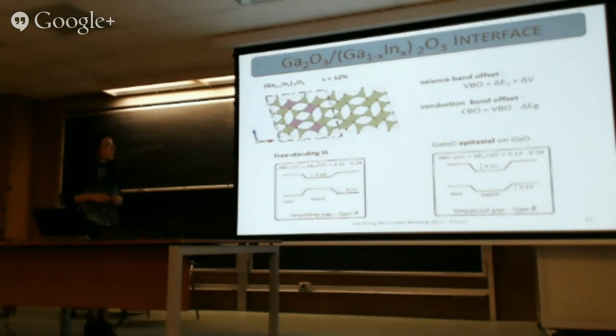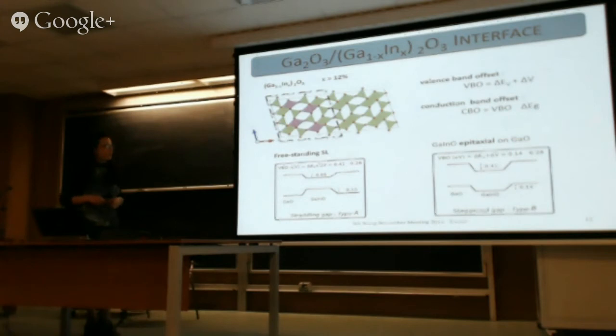So in the interface between gallium oxide and gallium oxide with 12% concentration of indium, we obtain two different band alignments depending on the arrangement. This is the configuration in which all the structure is relaxed in volume and within internal parameter.